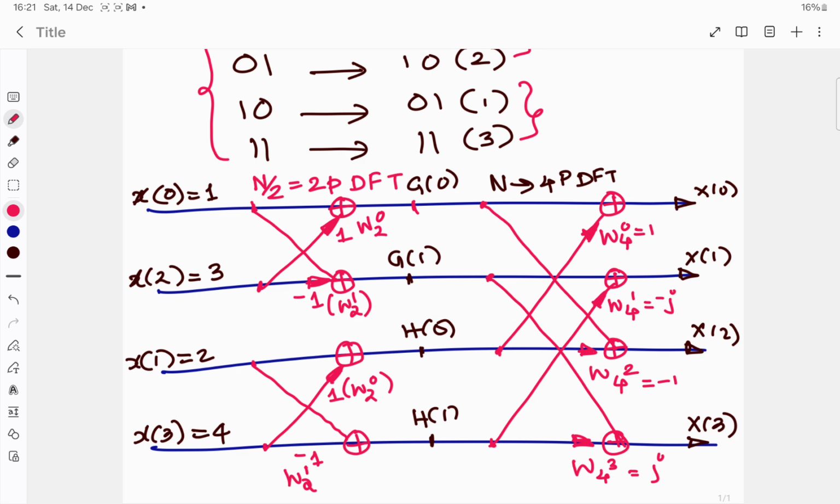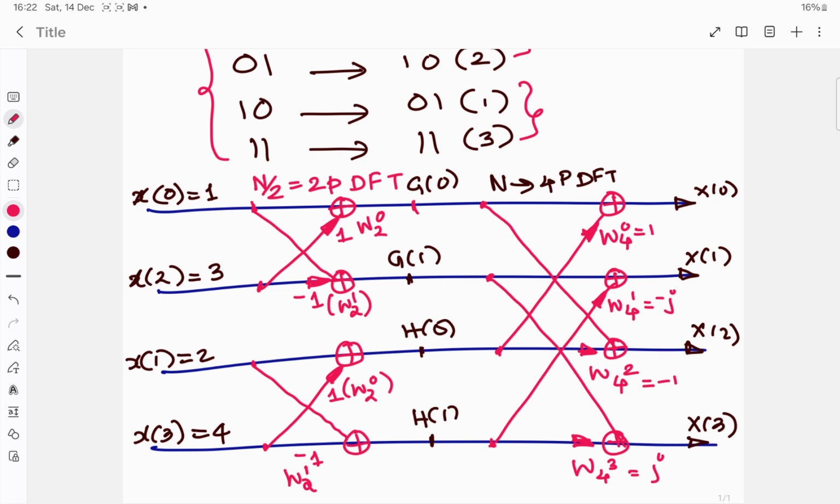The corresponding values are minus j, minus 1, and j respectively. Now the output terminals are x0, x1, x2, x3, which will give you the FFT signal at the output.